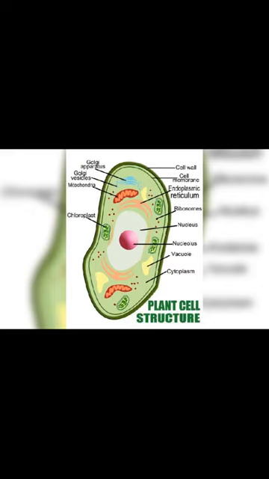In earlier times they did not observe any function for the cell wall, but later they came to know that the main function of the cell wall is giving information from one cell to another cell. From one single cell to another single cell, it gives information. This is the main function of the cell wall.